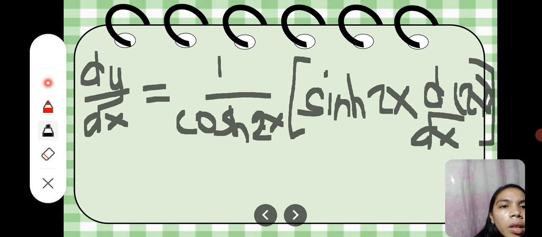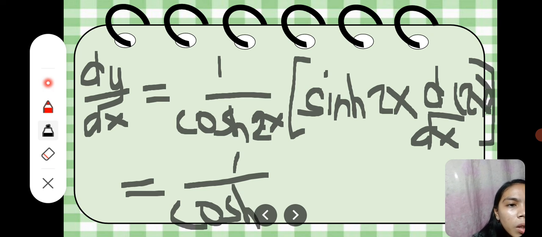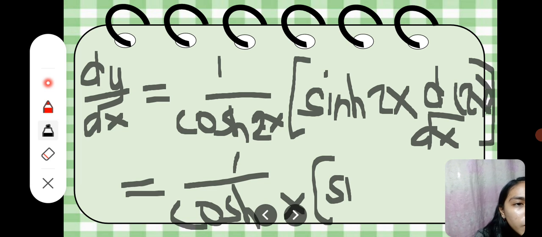Then it will become 1 over hyperbolic cosine 2x, times hyperbolic sine 2x.